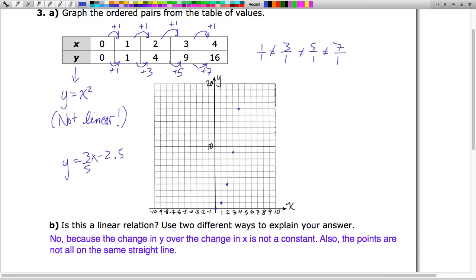You can have that, but you can't have any different exponents like squared or cubed or anything like that. As soon as you do that, then you don't have a linear relationship anymore. And you'll also know that they're not linear relationships because when you graph the points, you'll see they're not all on the same straight line.